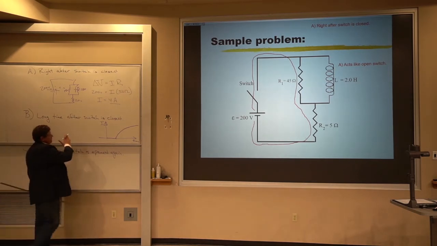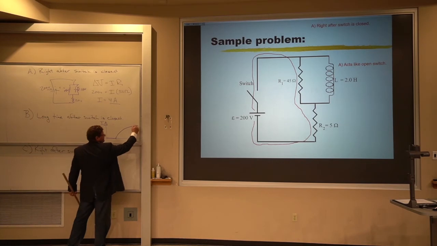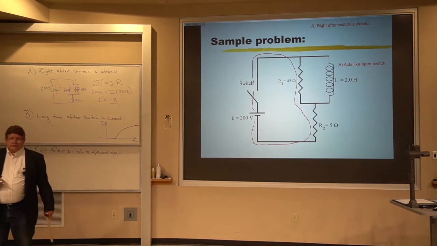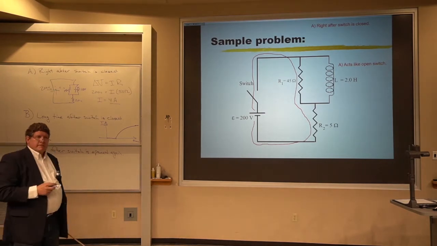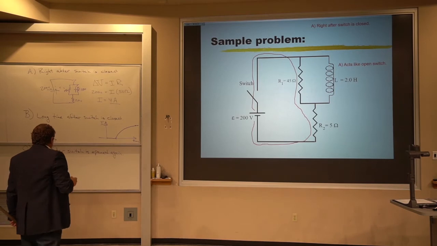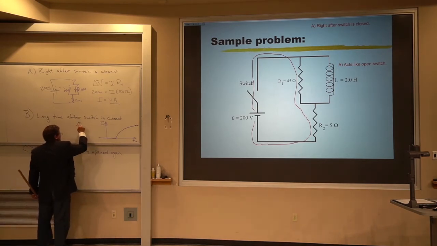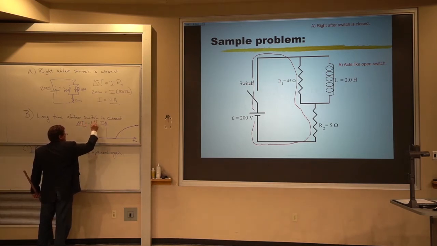But if I look a long time after the switch is closed, after I'm up here, there's no change in current. You remember we had a formula for the voltage across an inductor. It was minus L delta I over delta T.